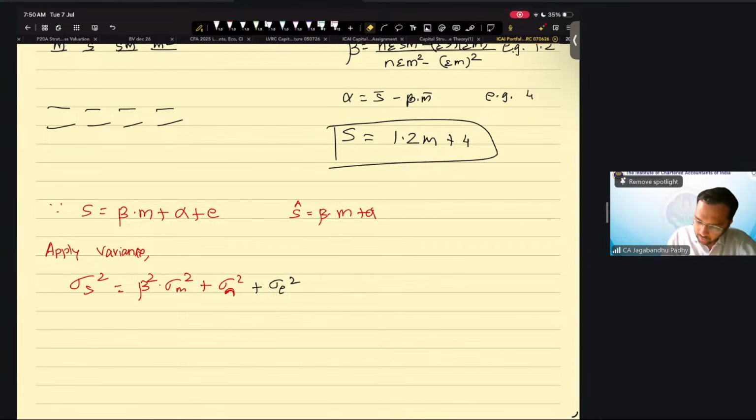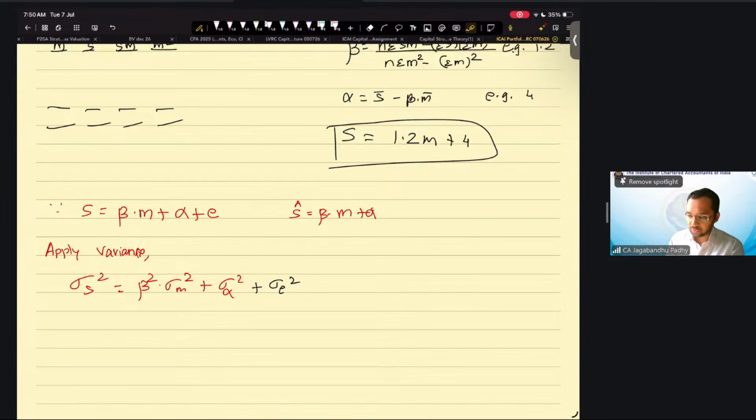Now, of course, when you're looking at calculating the variance of alpha, what are we going to call this? What is this term going to be? Of course, 0, because alpha is a constant term.